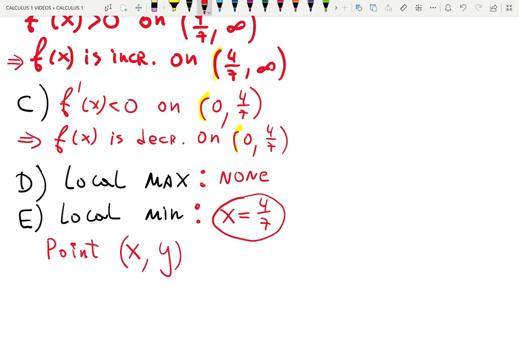But it is professional to input both: 4/7, comma, and now you go back to the very original function and write down that the answer for that will be 7 multiplied by 4/7, which simplifies nicely, minus 4 natural log of 4/7.